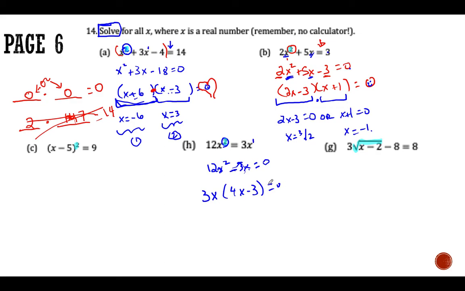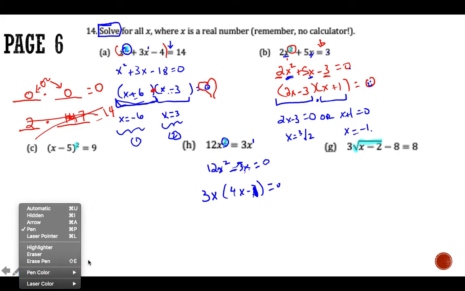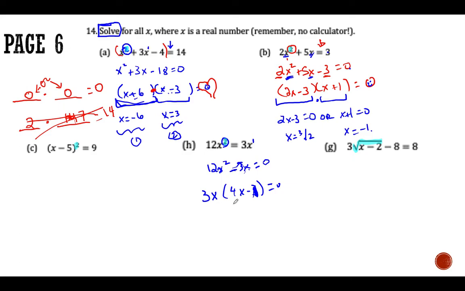And then again, I've got 4x minus 1 is equal to 0. And again, let's use our zero product property rule. I've got 2 things multiplied together to generate 0.